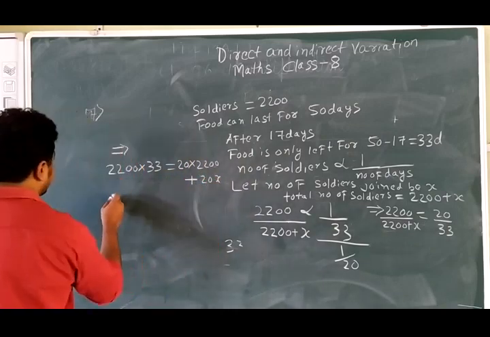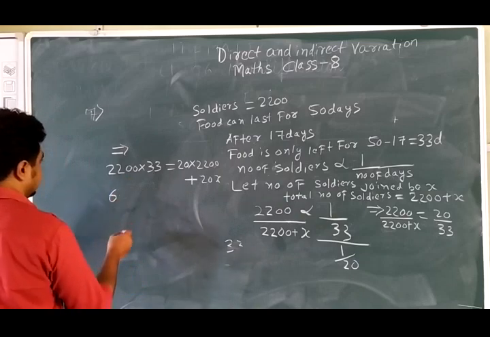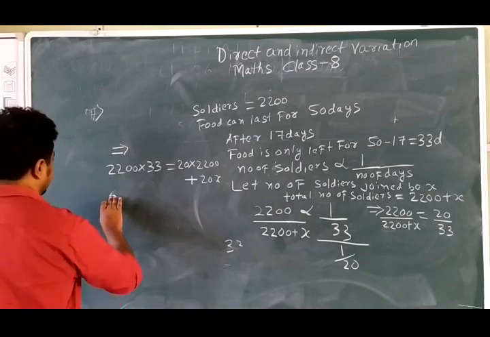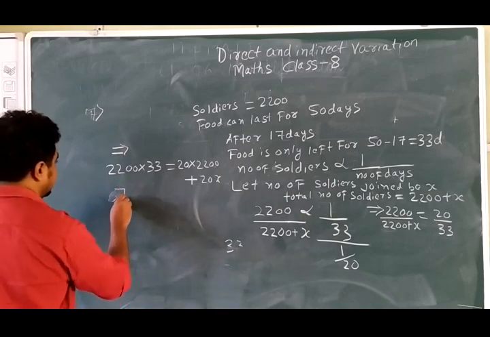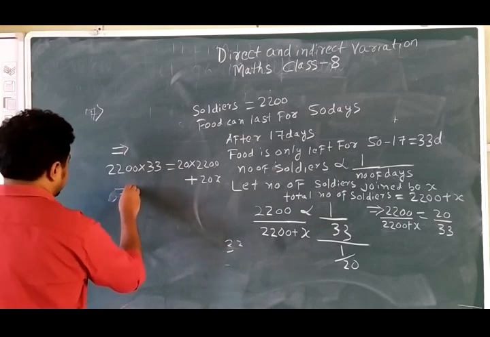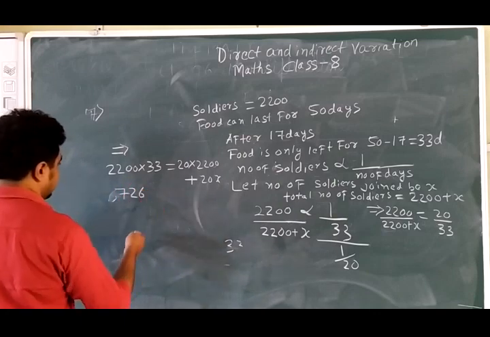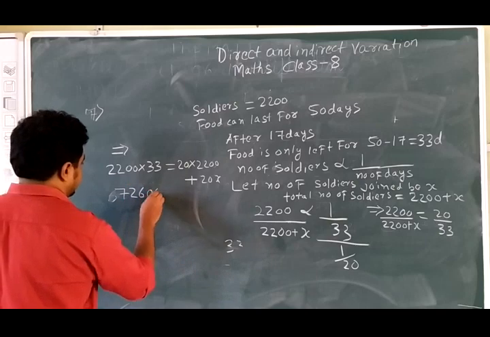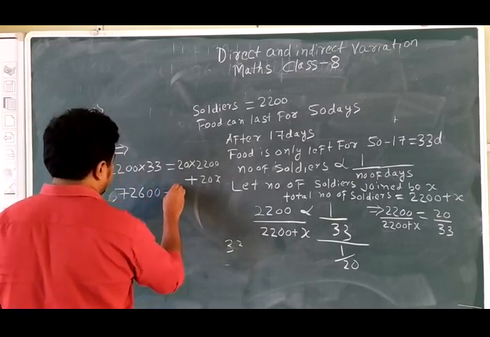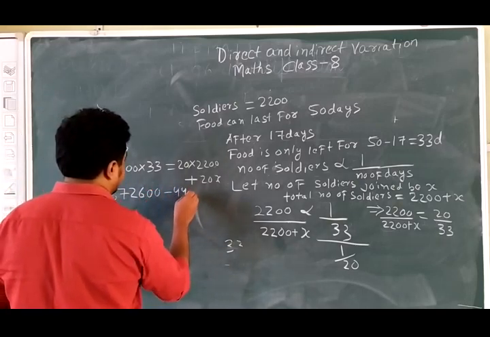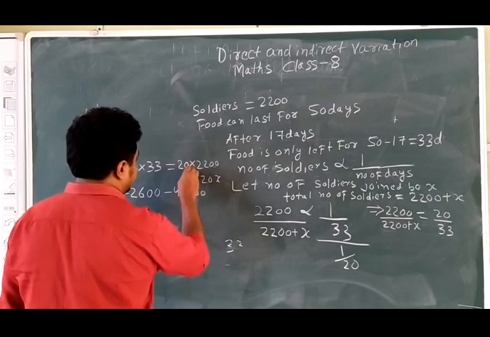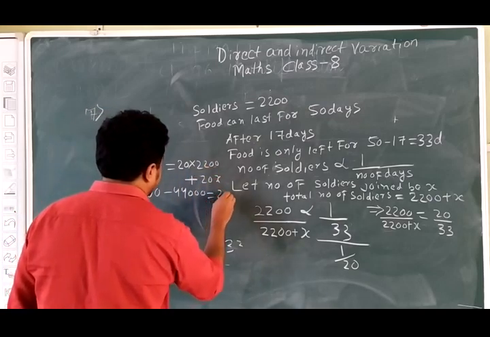So from here we are getting 72600 minus 44000. 22 into 20 is equal to 44.